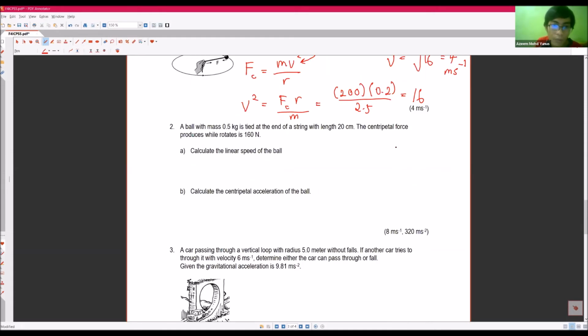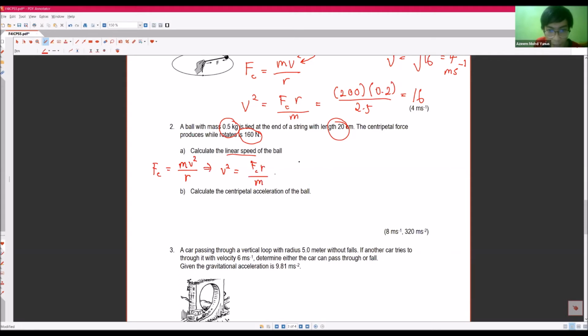A ball with mass 0.5 kilogram is tied at the end of a string with length 20 centimeter. The centripetal force produced while rotating is 160 newton. Calculate the linear speed. Again, the same formula, mv squared over r. So v squared equals Fc r over m.